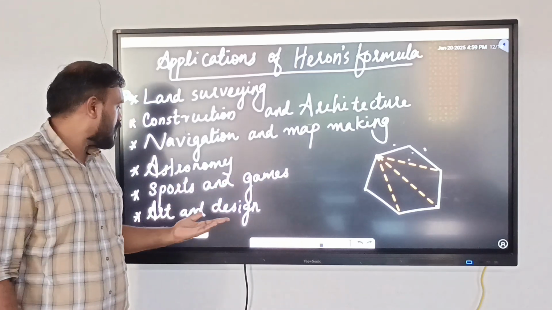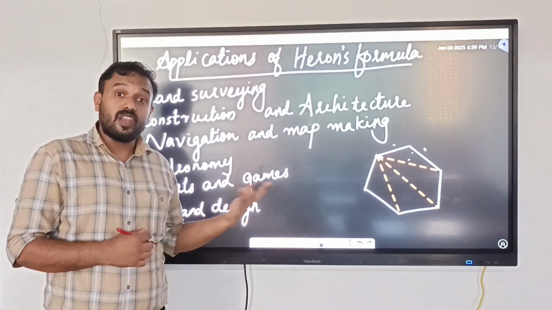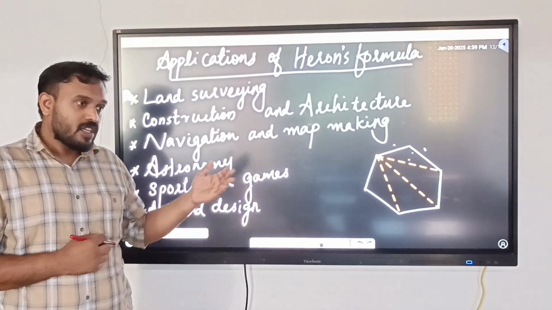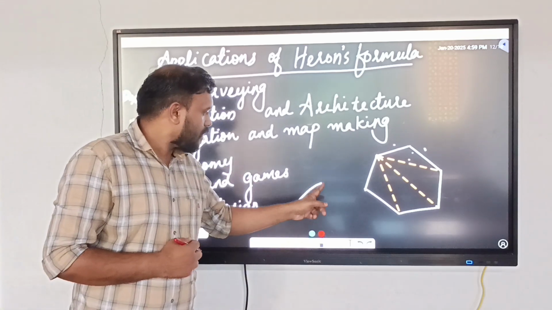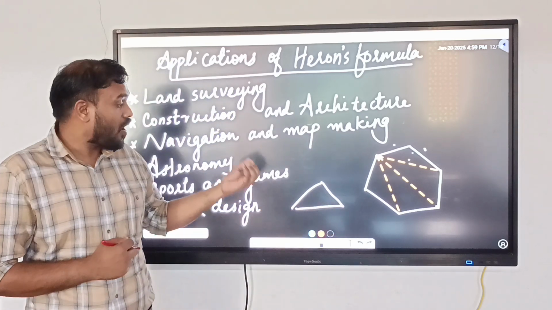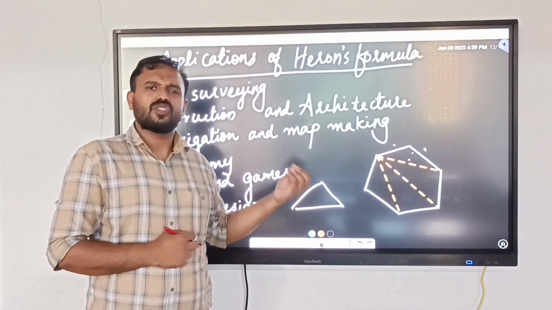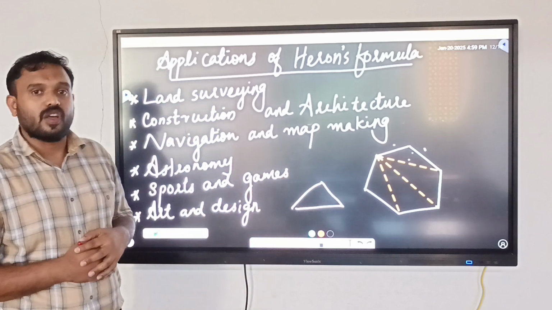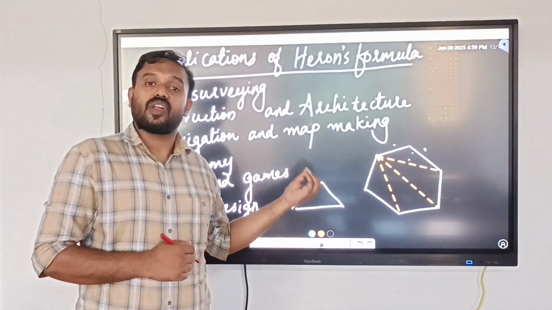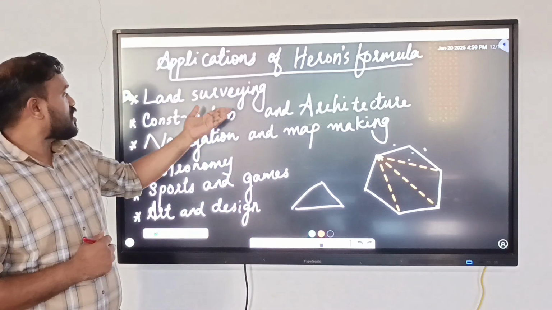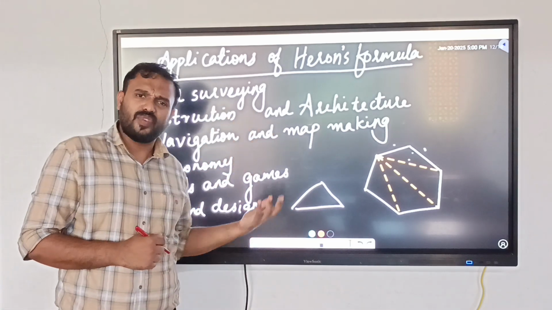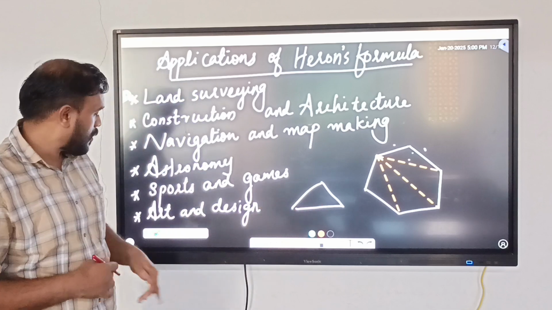And in sports and games, in art and design, even in farming also, especially to find the area of triangular fields and how much quantity of seed is required. So these are some of the applications of Heron's formula: land survey, construction and architecture, navigation, astronomy, sports and art.